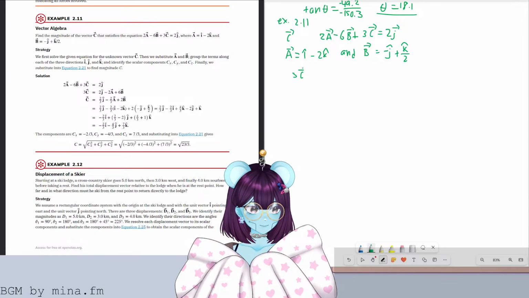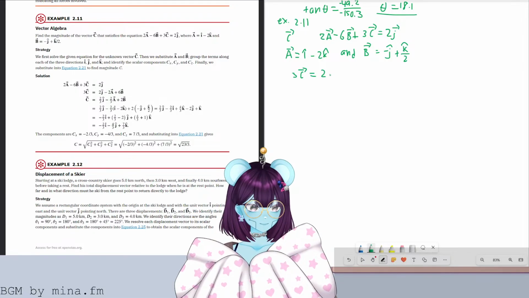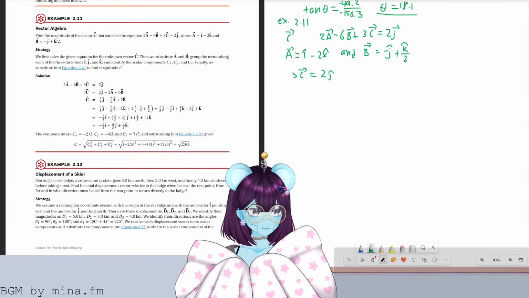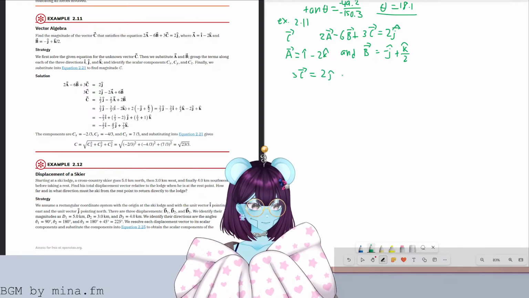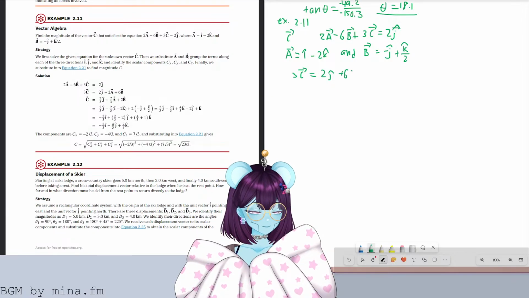We'll isolate C, so we'll take C on one side, which means we take, that should be a hat, 2J plus 6B minus 2A.